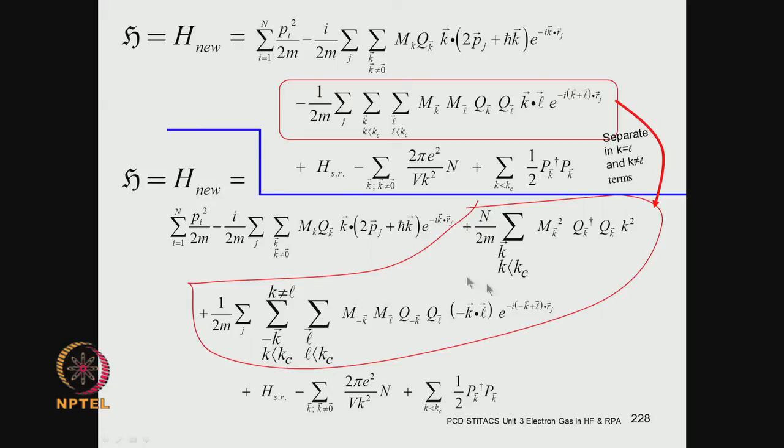Everything else is written as the same, but this part is now written separately in two pieces, one coming from k equal to L and the other coming from k not equal to L. So, all the terms are over here. Now, this looks a little better, but not quite. And I think we have done a lot of bookkeeping. We have to put all of these terms together and figure out how to deal with this.